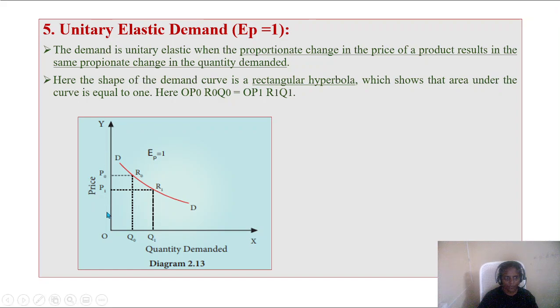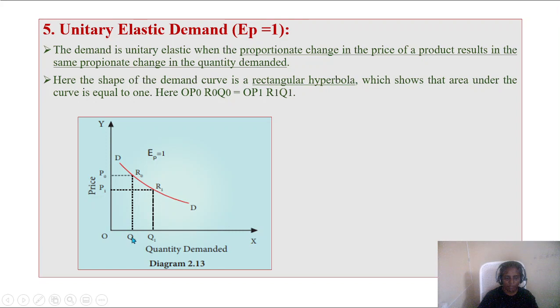So here you see, OP0 is the original price of a commodity. For example, 10 rupees. If the price of the commodity is 10 rupees, what will be the quantity demanded? For example, I am telling you the quantity demanded is 0 to Q0, 5 units. If the price decreases from OP0 to OP1 level, that is, instead of 10 rupees, if the seller decreases the price of the commodity to 5 rupees, what will happen to the quantity demanded?